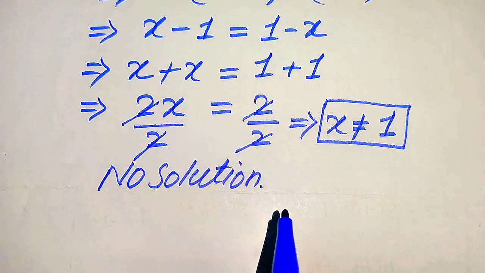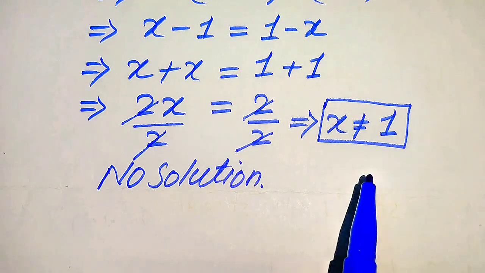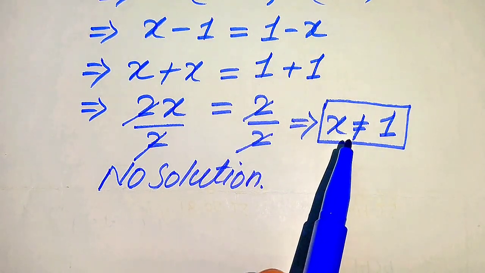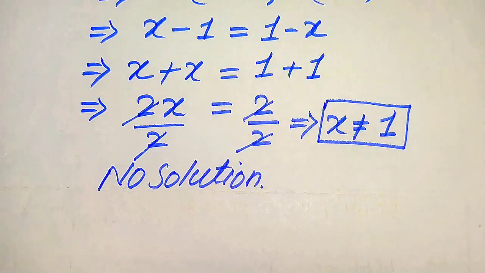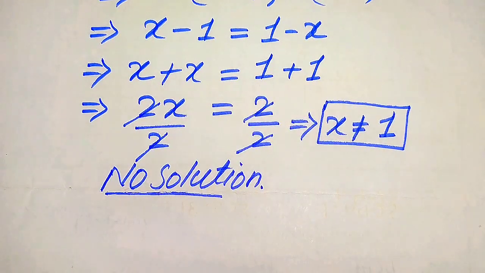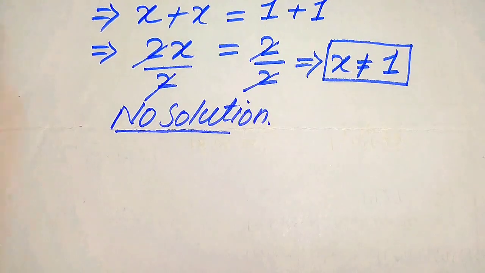The reason is that x equals 1 does not satisfy our given equation; in other words, when we take x equal to 1, our given equation becomes infinity, or undefined. So this means that our given equation has no solution from the first method.